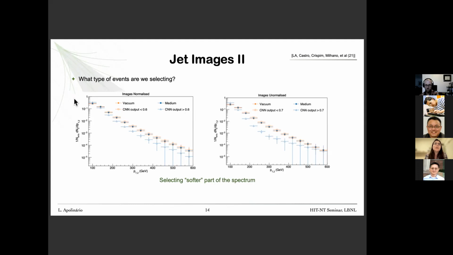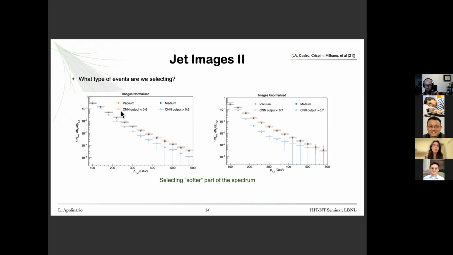And the first thing you can see is that the pT of the Z boson in the vacuum or in medium Jewel always follows this kind of behavior, because the Z boson is not modified by the medium. But the fact that I'm applying the criteria of the neural network only to the Jewel medium sample means that now I'm selecting different topologies of the jets.